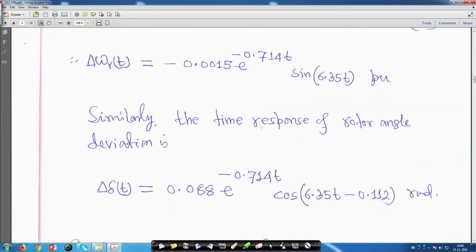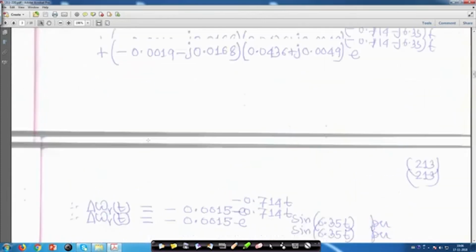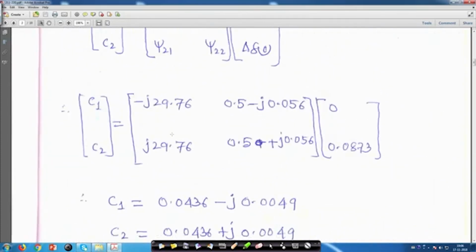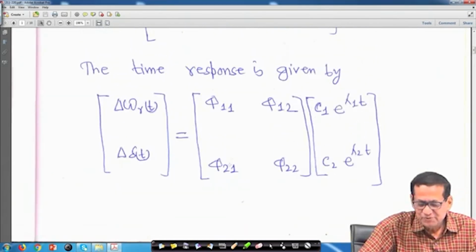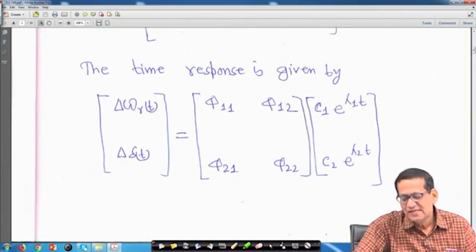Similarly, the time response of the rotor angle deviation. Here, from this equation, delta phi t is equal to phi 1 C 1 e to the power lambda 1 t.